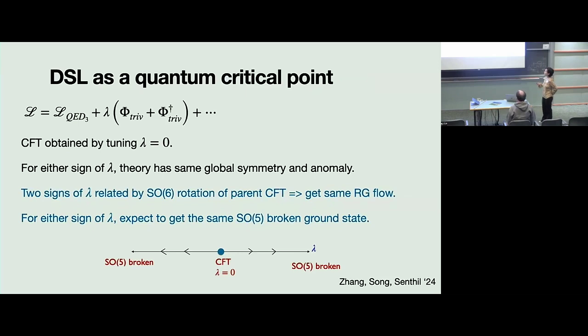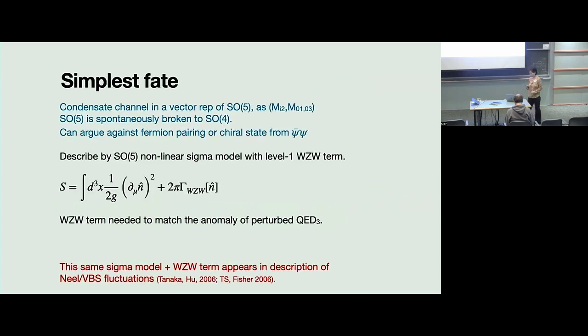It can be further corroborated since the different signs are related by an SO(6) rotation. The relevant perturbation in either direction will flow to the same order state. And the simplest scenario is that SO(5) is broken to SO(4).